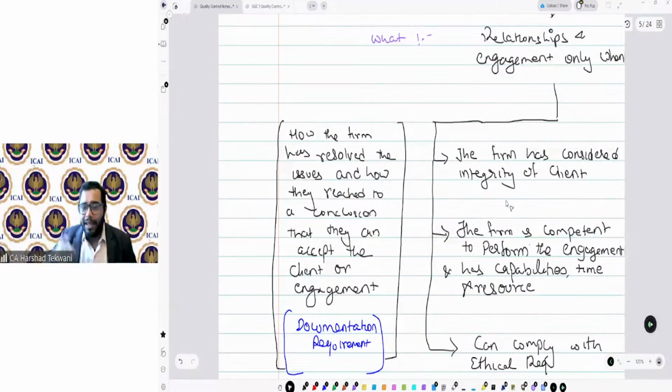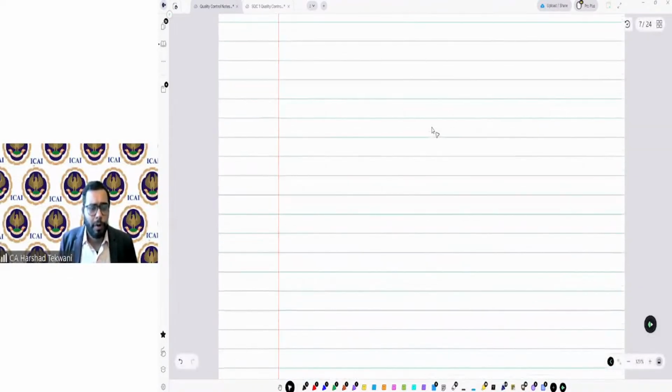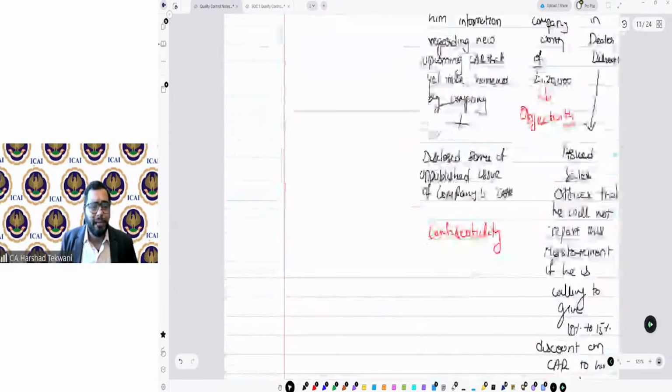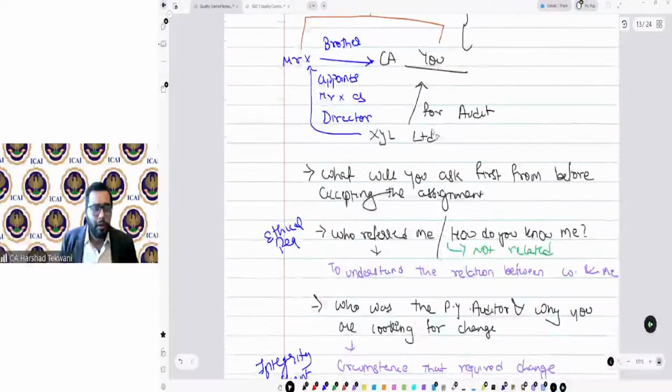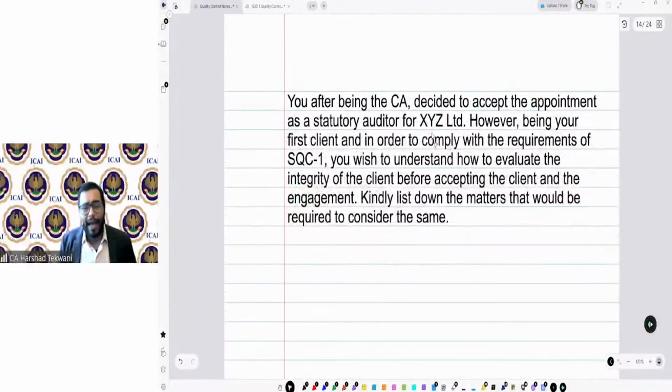Now, these are not only restricted to the books, but there is some background to this, and these are the activities that are required to be performed. If I say, check the integrity of the client, how will you check? For the exam, I have written that I need to check integrity of the client. But in actual practice, what will you do? Tell me with some examples.